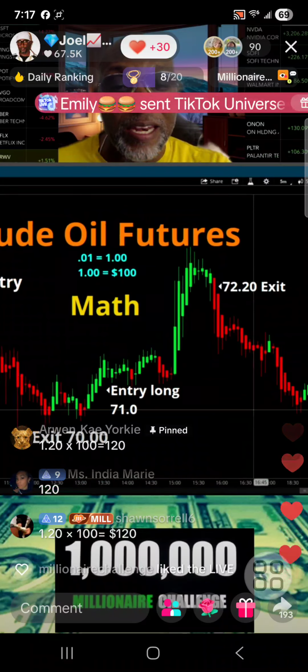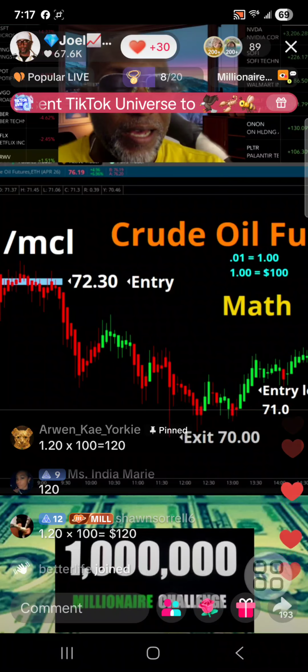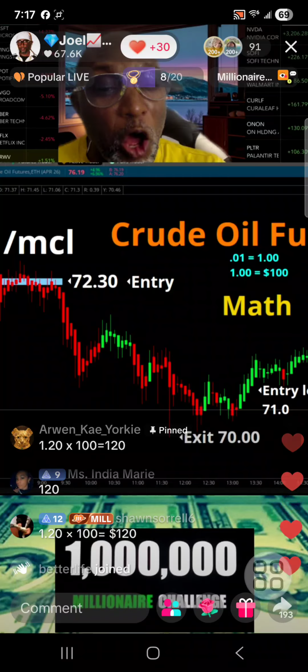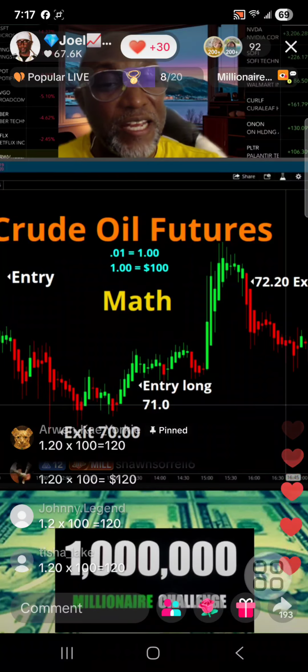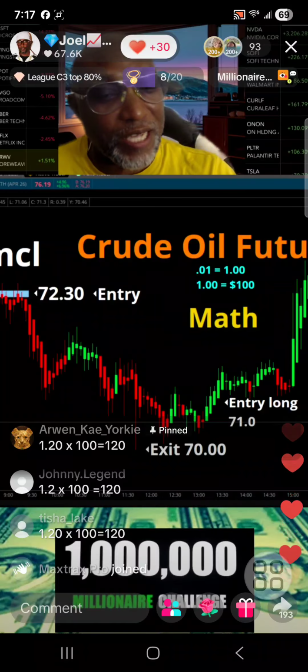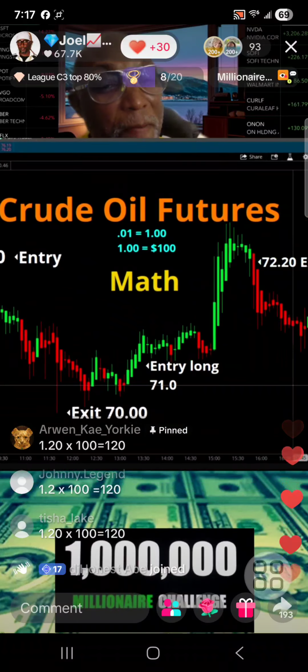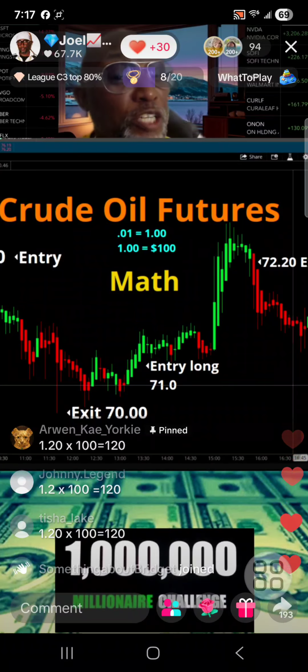You could have made yesterday $230 to the downside. Then you could have gone long and exited and went $70 to the upside. You could have made $230 to the downside. Then you could have made another $230 to the upside. That's $460.